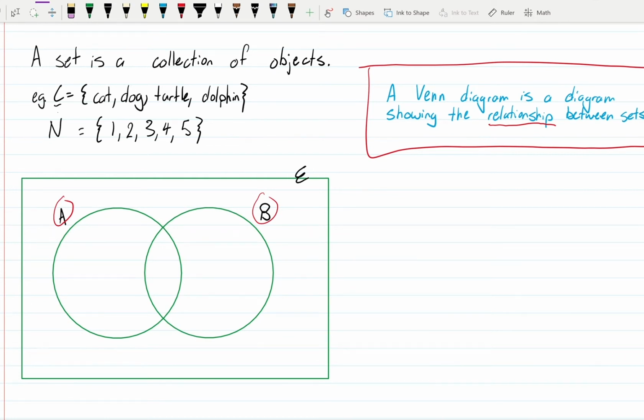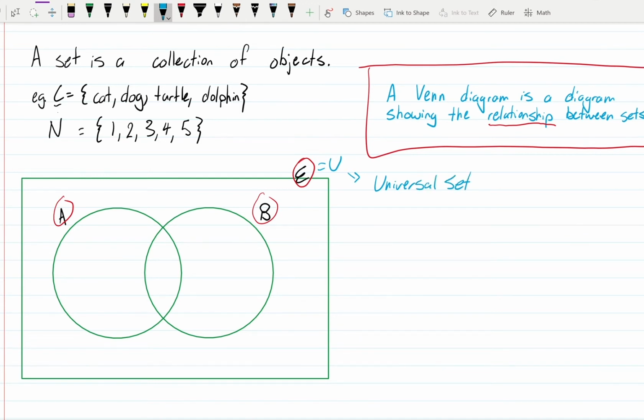So what does this E character represent? Well, we might not even call it E, because sometimes you might just see it as a U. Regardless of whatever you call it, this represents the universal set. So we'll just write it here, universal set.